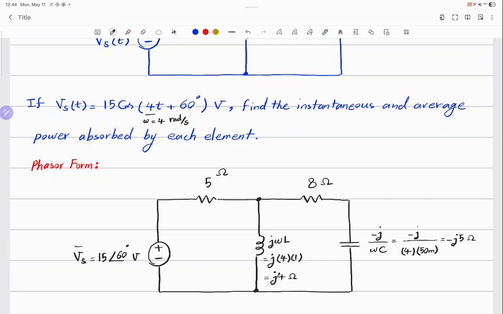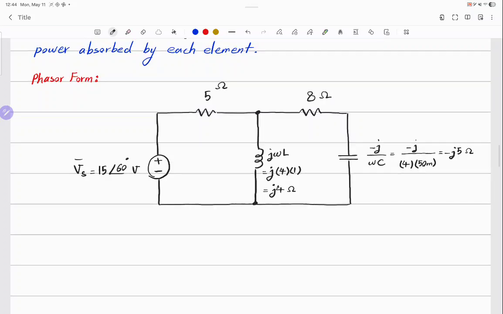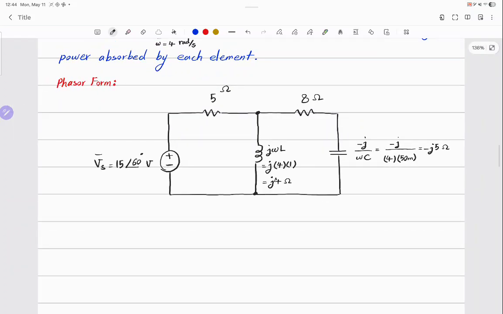That's your circuit. Okay, this is the first step. You have to do it no matter what you're going to find in the circuit.